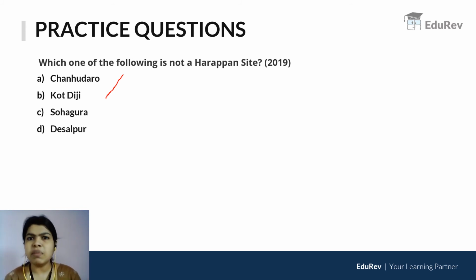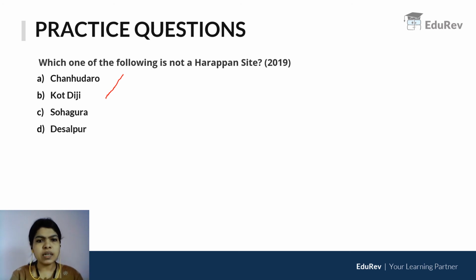You can eliminate them directly because everybody knows that those are Harappan sites, no doubt about it. But when you talk about Sohgaura and Desalpur, people got confused whether it is C or is it D. So that is why we have mentioned so much about the important sites and their locations.